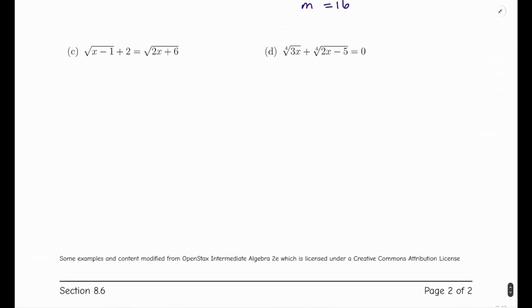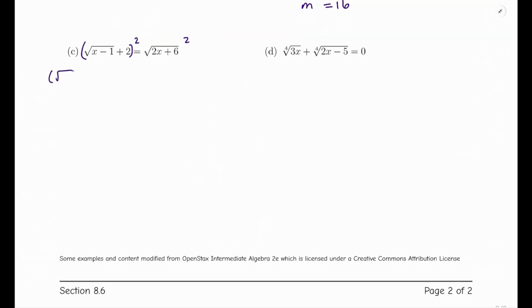Part C, the square root of x minus 1 plus 2 equals the square root of 2x plus 6. Now here, it doesn't really matter which square root you get by itself, so since the square root of 2x plus 6 is already by itself, I am just going to square both sides.